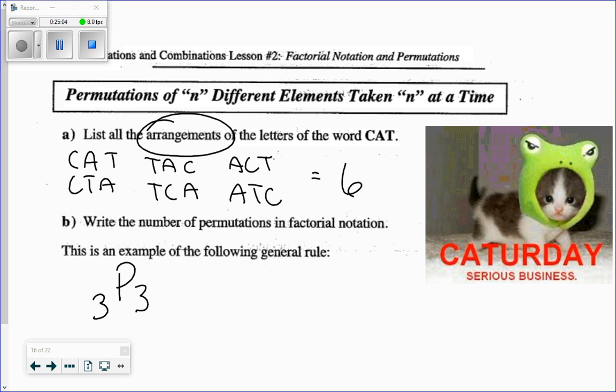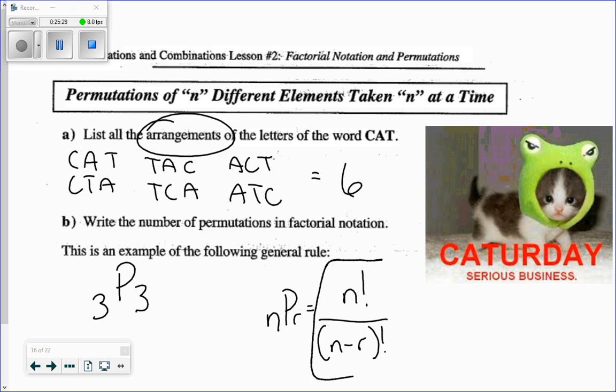Okay. Now, on your formula sheet, you're given this formula. When you punch in 3p3 onto your calculator, the calculator is actually doing this formula instantaneously. It has it built in.